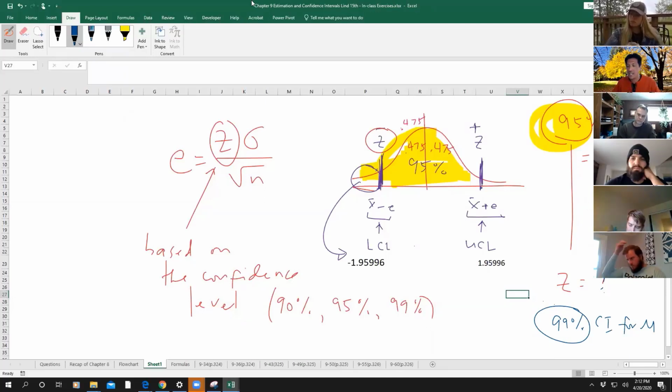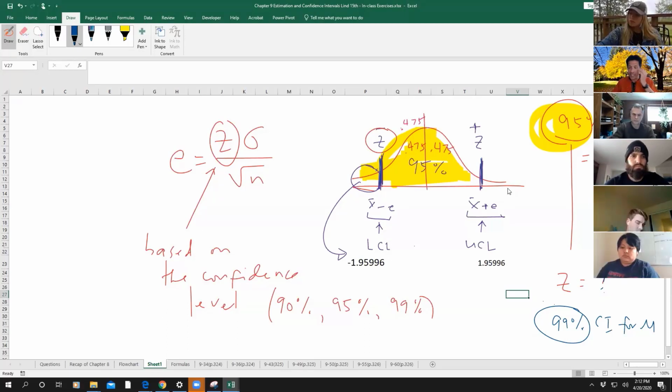What's happening here is that when you increase the area from 95 to 99, what will happen to these bars here? This one and this one. Will they go inside, or will they go outwards? They're going to move to the outside. Exactly. So they'll move this way, right?